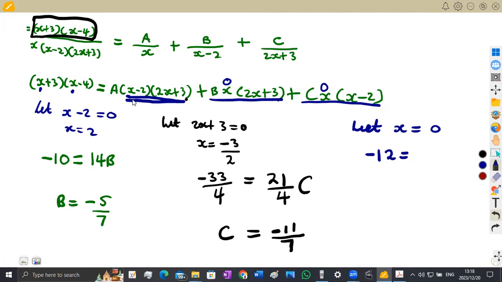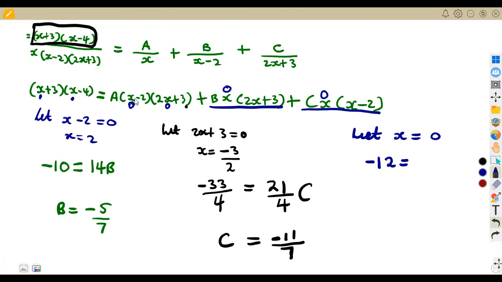You do the same thing on this part. We do not have x out of the brackets, so there's no need to waste your time, because x is 0 and the whole of this part is 0. Here it's going to be 0 minus 2, which is minus 2, times 0 plus 3, which is 3.